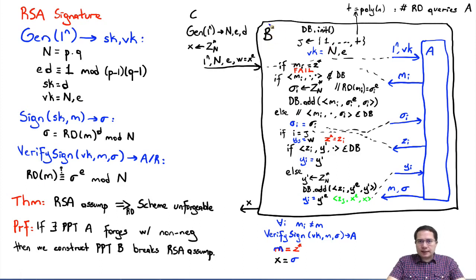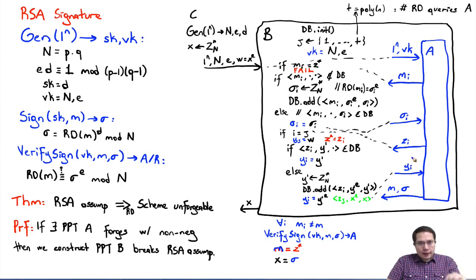Is B's interface with A indistinguishable from what a real challenger would have done? A expects a verification key that is some N and e. We are giving it. A expects a signature sigma i. We are indeed giving a signature that would verify, so A can verify this. There's no problem here.